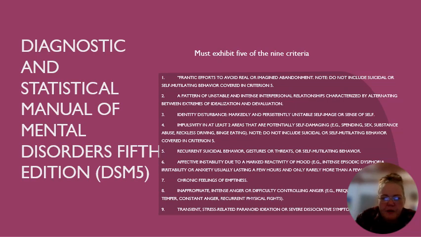The fifth one is recurrent suicidal behavior, gestures or threats, or self-mutilating behavior like self-harm, cutting, and things of that nature. The sixth one, affective instability due to marked reactivity of mood. Again, swinging from really, really happy to really, really depressed, or just really manic behaviors, and they can last a few hours to a few days.